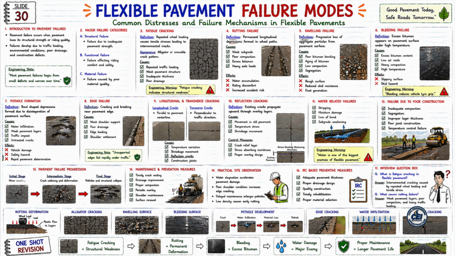Now let's look at the one-shot revision section at the very bottom. Fatigue cracking: structural weakness. Rutting: permanent deformation. Bleeding: excess bitumen. Water damage: major enemy. Proper maintenance: longer pavement life.